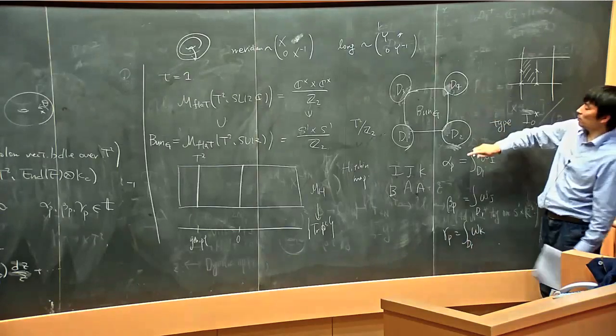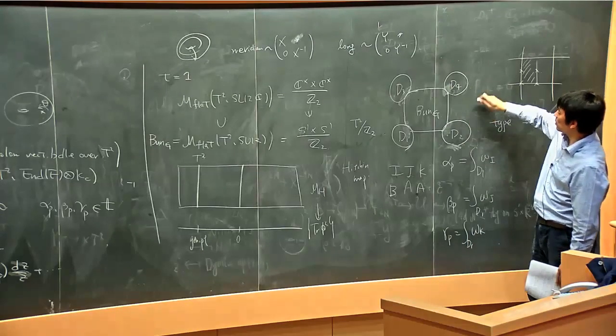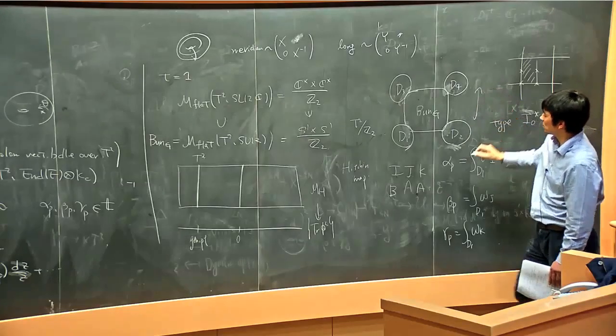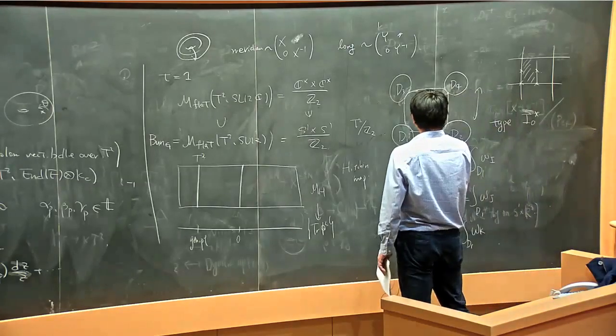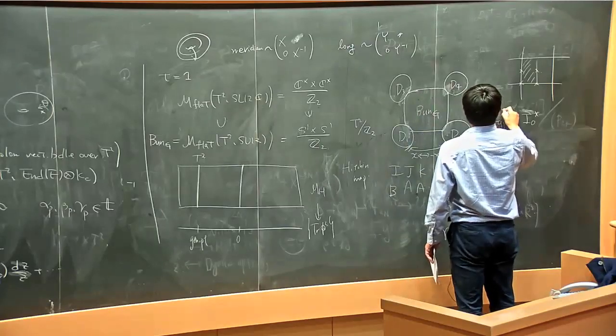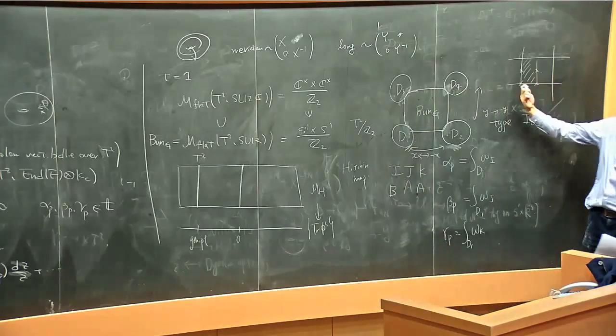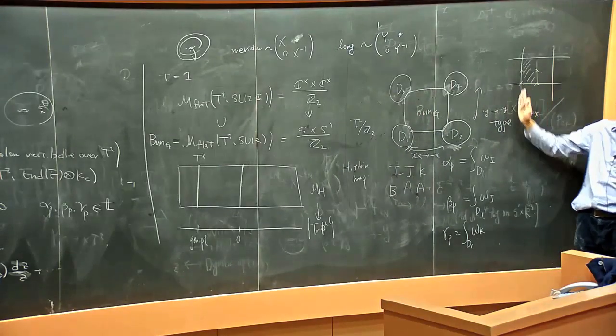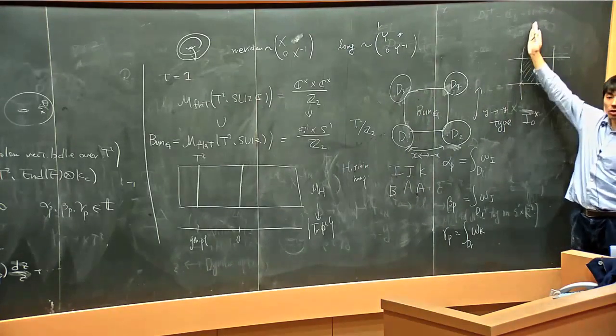There is a symmetry between exceptional divisors, which maps x to minus x, y to minus y. Remember that this direction is the meridian in the torus, and this direction is the longitude in the torus.